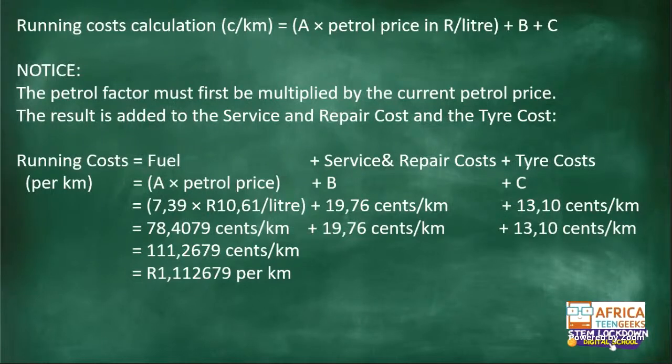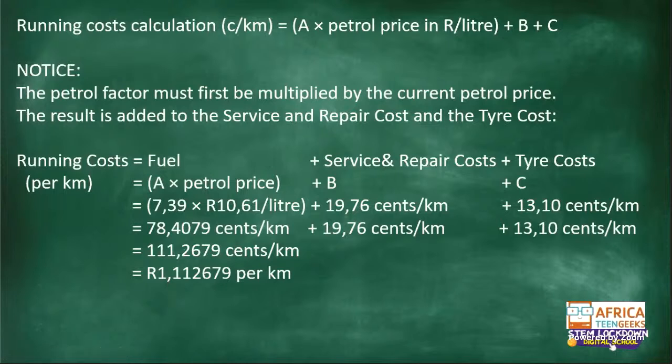They can even tell you that, well, we are going to charge you 5 rands per kilometer or 3 rands and 50 cents per kilometer, depending on the type of vehicle that you have decided to hire.